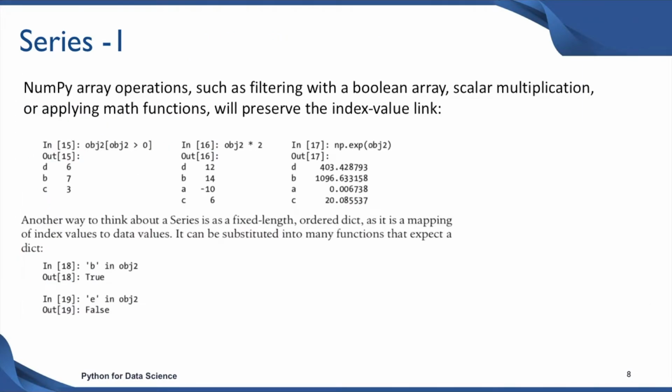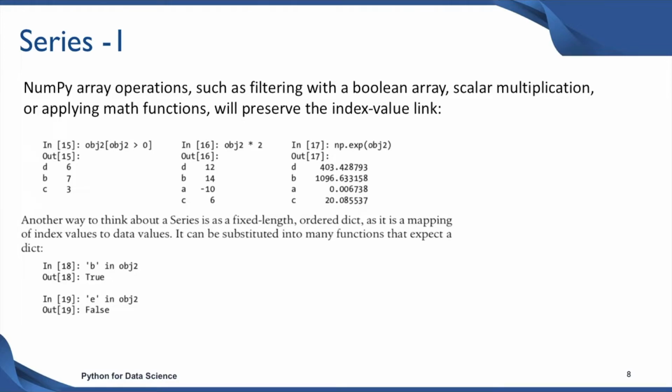So this was conversion of your list into your series object, dictionary into your series object, and your numpy array into your series object. Then we will do some kind of numpy operations, right, such as filtering with boolean values, arrays, scalar multiplication, or math functions, which will preserve the index value, right?